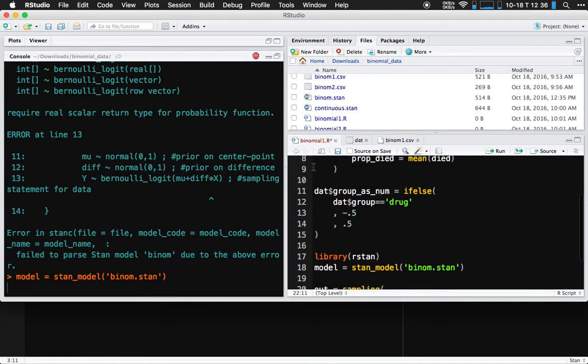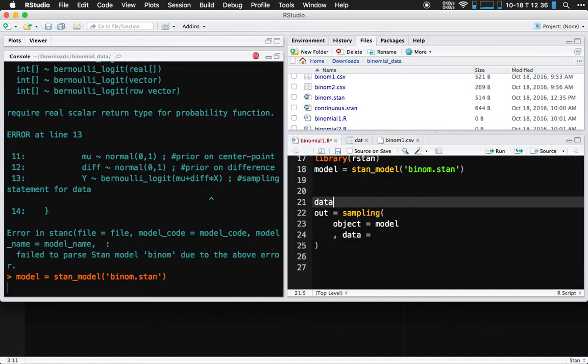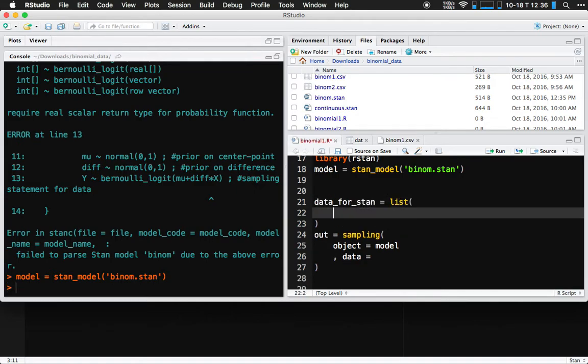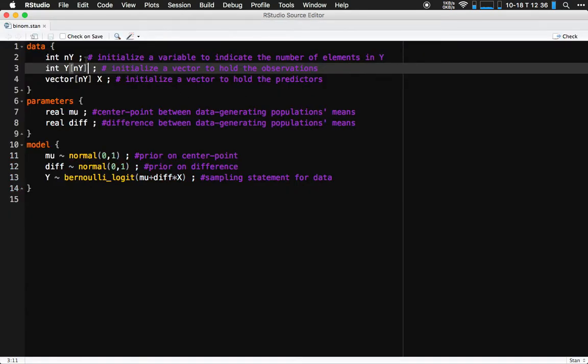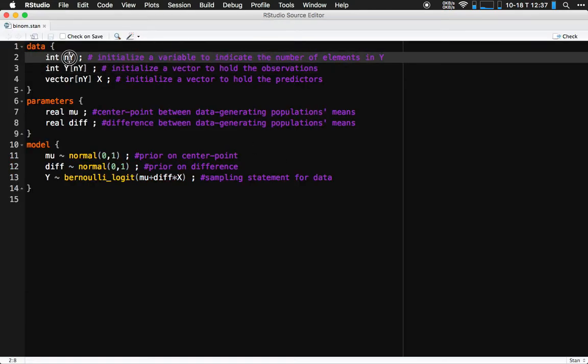I haven't packaged together the data for stan, so I should do that. Remember, we have to put it in a list. It wants 3 things, ny, y, and x. Well, ny is just the number of rows in my data set, dat. It needs to be n capital Y, matching the capitalization we had in here.